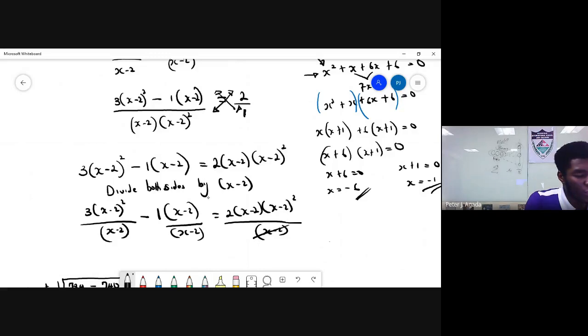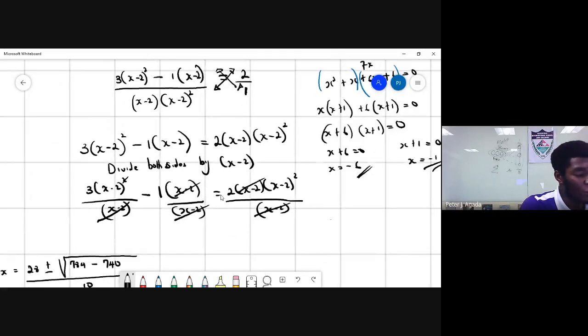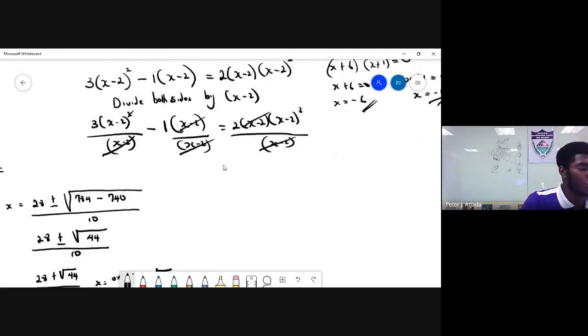So this one can cancel this one here, this can cancel this, and this one here can cancel this. So we further reduce our quadratic equation, our fractional equation rather, to something very much simpler, as you can see from this equation here.